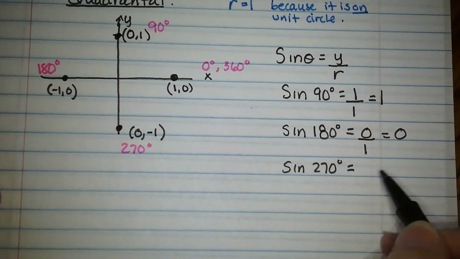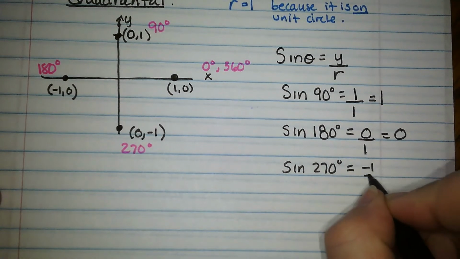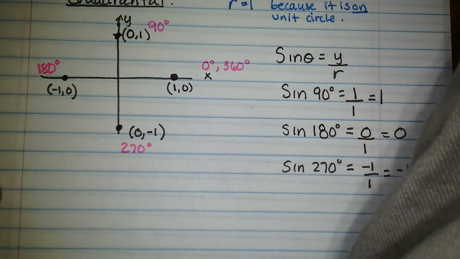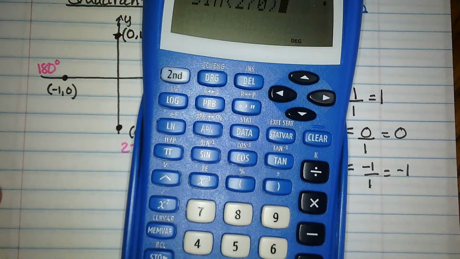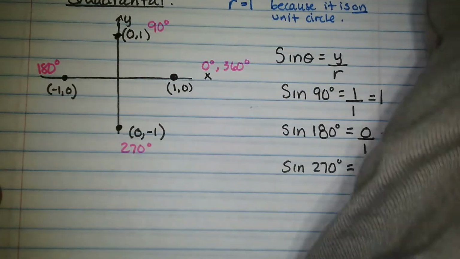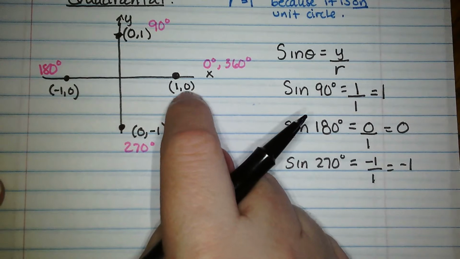If I do the sine of 270, y over r. So my y is -1. -1 over 1 is -1. So the sine of 270 is -1. Again, taking that ratio and double checking. Yes, Miss Milburn knows what she's talking about. Now 0 and 360 live in the same place, so you can use this coordinate.